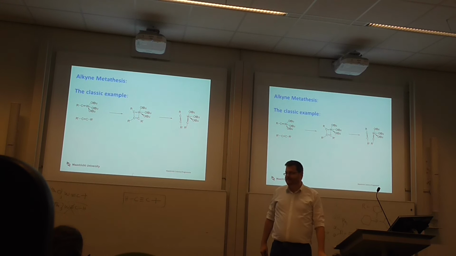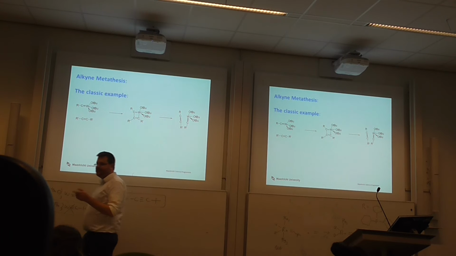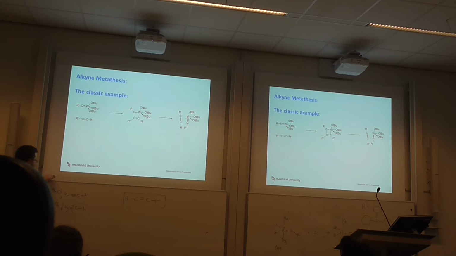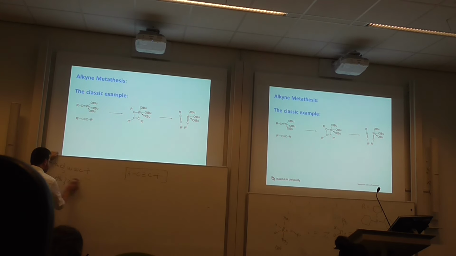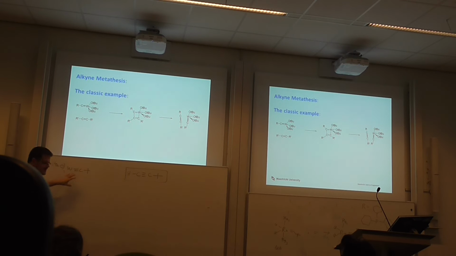Now, what's the mechanism? The mechanism is exactly the same as with alkene metathesis, except you have one extra 2+2 cycloaddition set. Let's look at that mechanism, just so everyone's on the same page. Let's suppose I take this isolated Schrock alkylidyne and I react it with another equivalent of this asymmetric alkyne.